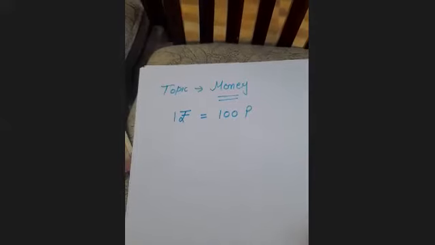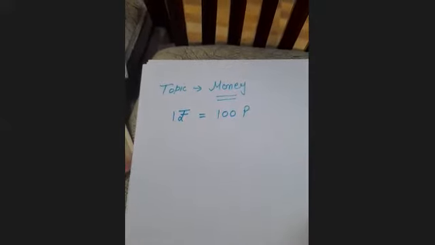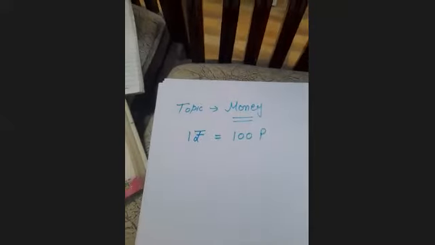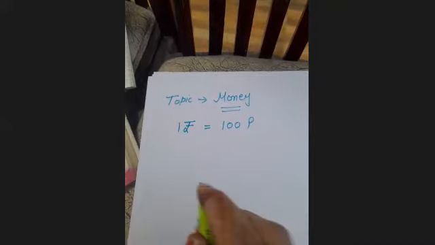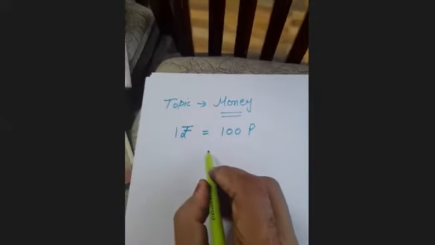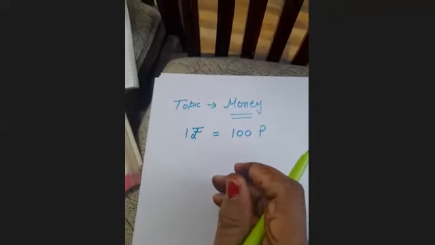In exercise 66 we discuss how we can convert rupees into paise and paise into rupees. So we'll consider 1 or 2 examples of each type. We'll discuss only 3 or 4 questions of this exercise because exercise 66 is already discussed.